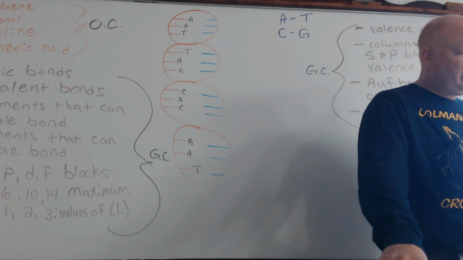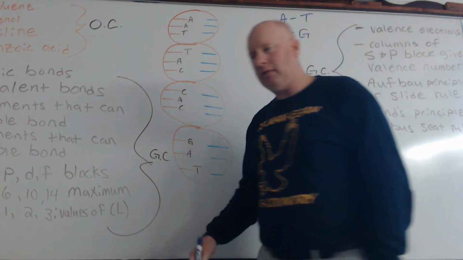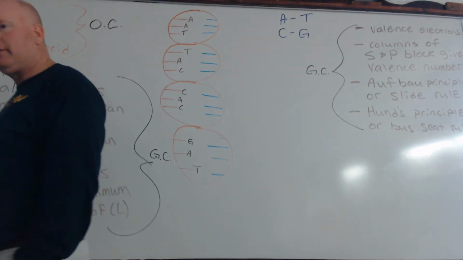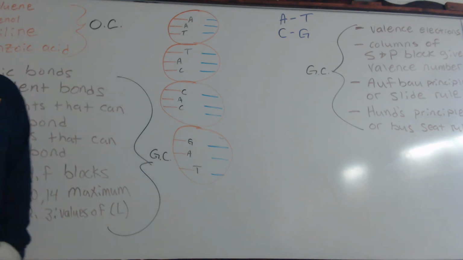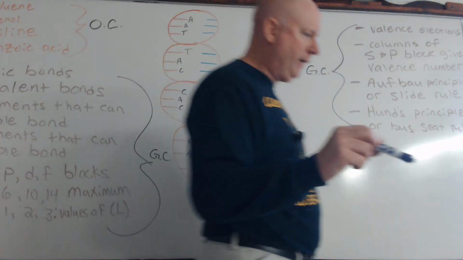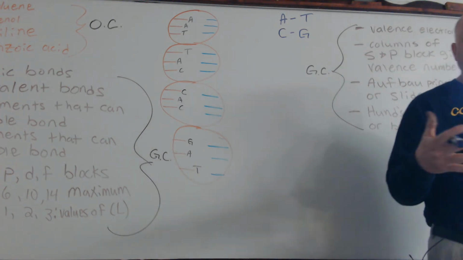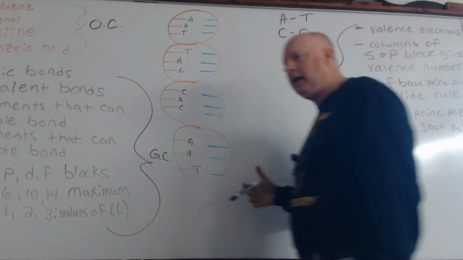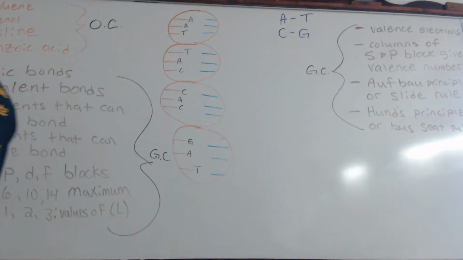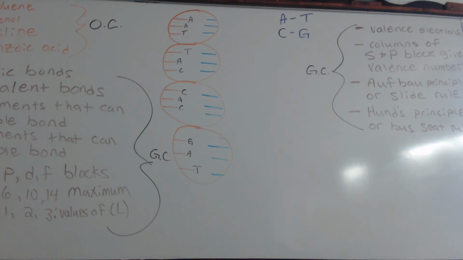But when he incorporated the heat-treated S strain, which was lethal to the mouse, and mixed it with some of the rough strain, that killed the mouse. So something must have been happening where the DNA of the smooth strain was incorporated into the rough strain and killed the mouse. What that means is there's perhaps a type of DNA transfer that had taken place, and that's what we're going to be talking about here.